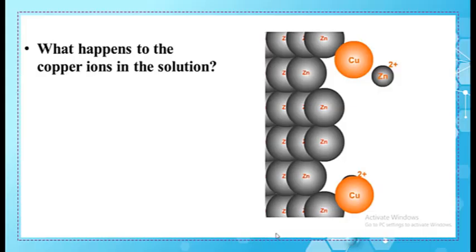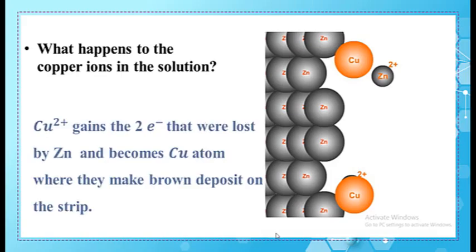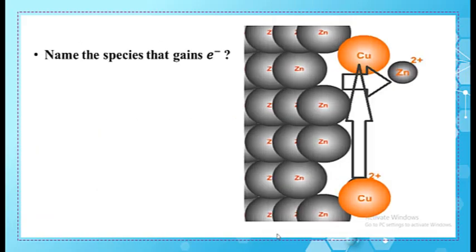To recall again our information, what happens to the copper ions in the solution? Copper ions gain the 2 electrons that were lost by zinc and become copper atoms, where they make a brown deposit on the strip. Name the species that gains electrons. It's copper ion.